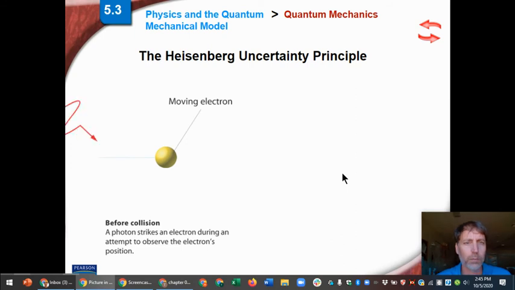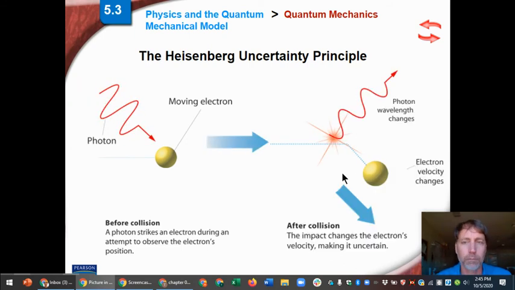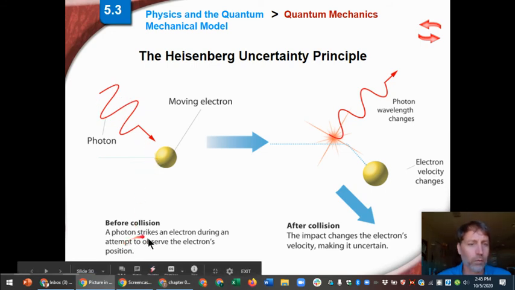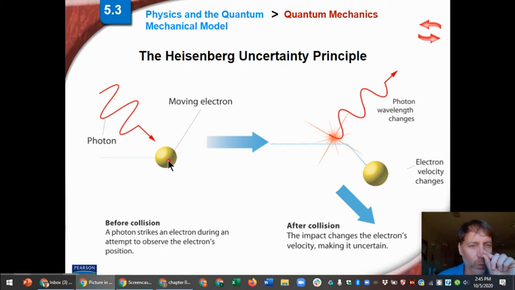So here's a little bit more of what happens as a photon collides with an electron. Before the photon strikes the electron, during an attempt to observe it, you can see the electron where it is. But once that photon strikes it, the impact changes the direction of the electron's velocity, making it uncertain.